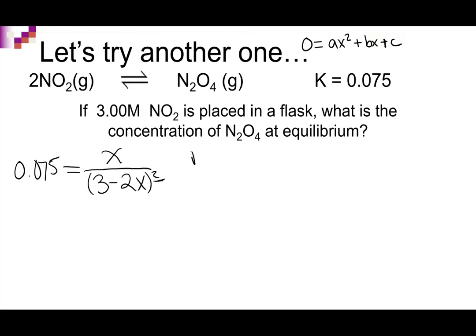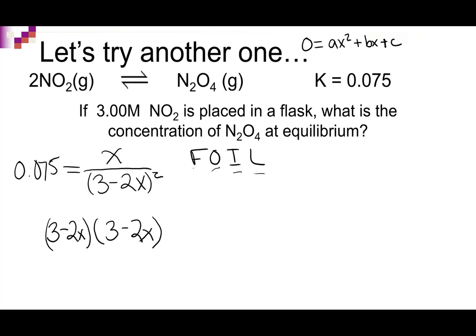So does FOIL mean anything to you? FOIL is first, outer, inner, last. So another way to write this squared is 3 minus 2x times 3 minus 2x.